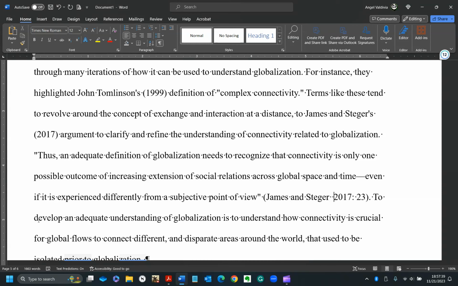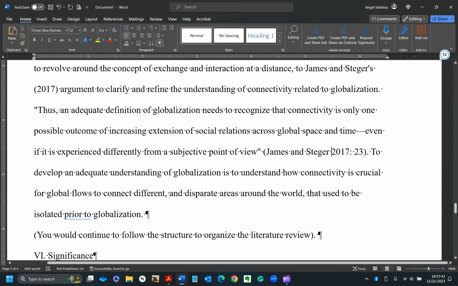Okay, and then going from that quote, to develop an adequate understanding of globalization is to understand how connectivity is crucial for global flows to connect different and disparate areas around the world that used to be isolated before globalization. Then you would continue explaining how that relates back to your topic, at least for this situation, human trafficking.